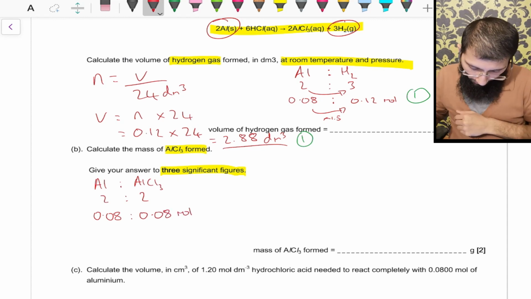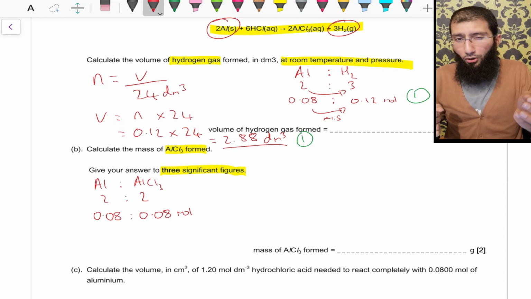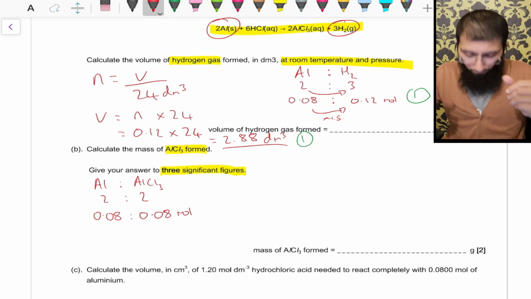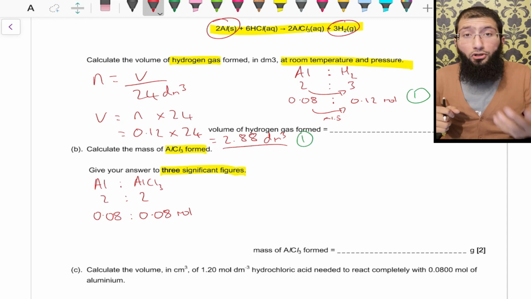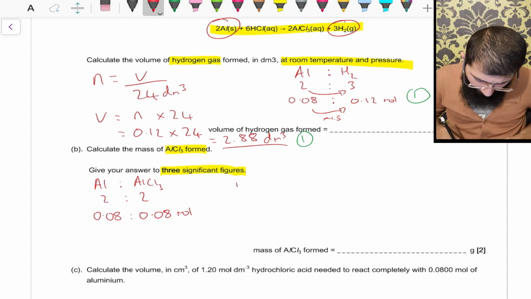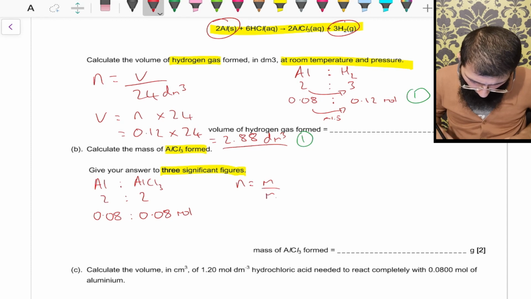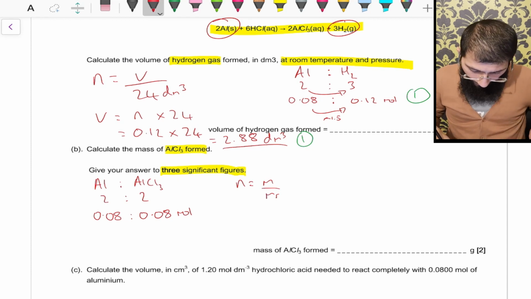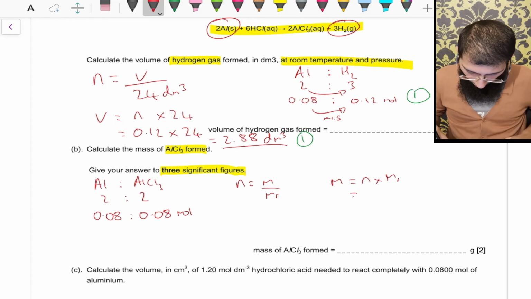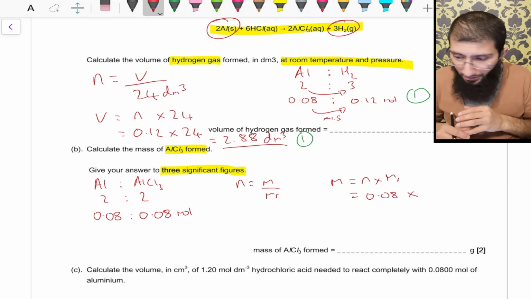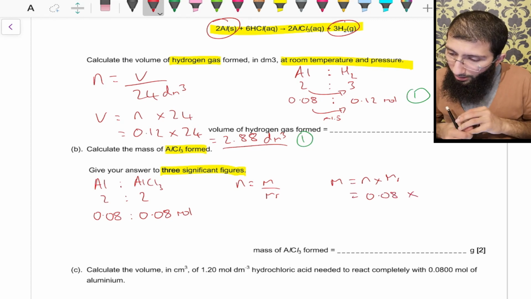Okay, so if I assume the theoretical moles of aluminium trichloride ought to be 0.08, and I know that n is equal to m over Mr, I could work out the mass by doing n times Mr. So m is equal to 0.08 multiplied by the Mr of aluminium chloride.